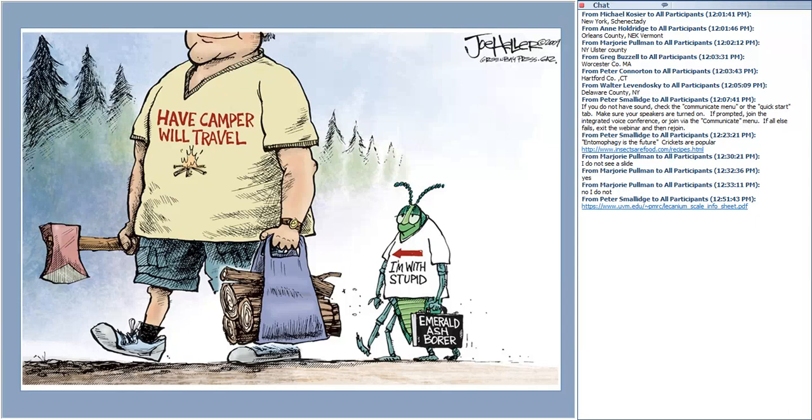So no, I don't. Does anybody that's online here, have you all seen the Lecanium scale? Do you know what it looks like? Those little bumps on the twigs of the sugar maples. I put up a link to a PDF out of University of Vermont, so people can take a look at it if they haven't seen it.